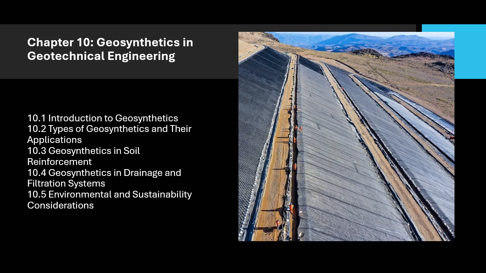Additionally, because geosynthetics are often lighter than traditional construction materials, such as gravel or stone, they can reduce the overall material demand and associated waste. Their long service life and durability help minimize the need for new materials and reduce construction-related environmental impacts.